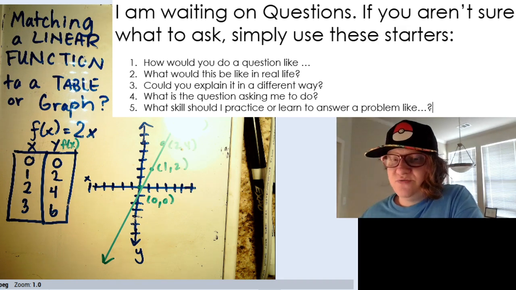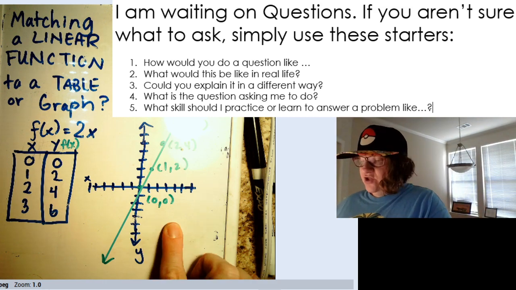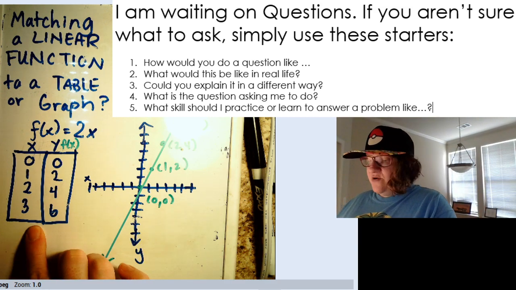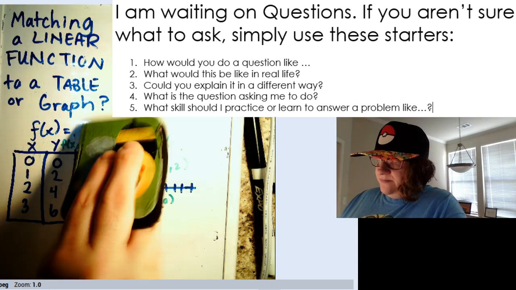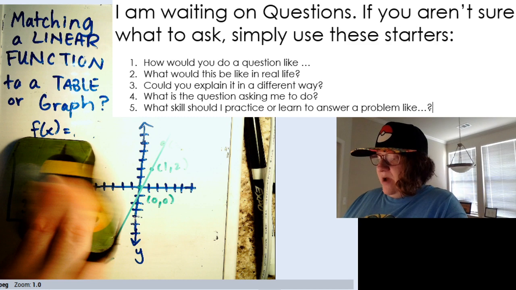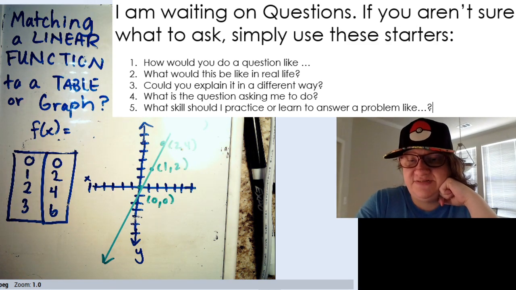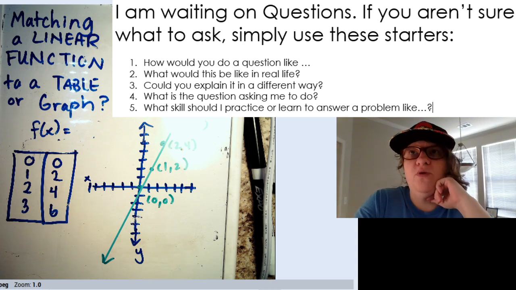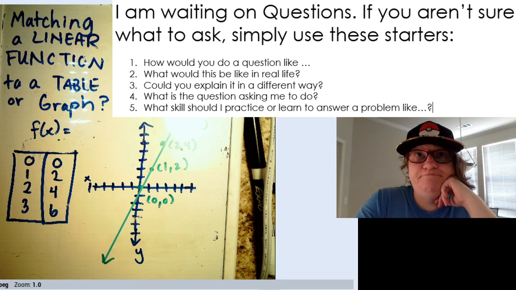But in algebra, we're often doing it the reverse. You'll be given a graph, you'll be given a table, and you have to figure out what the function is. You might be asked, what table or graph matches this function? Or which function would make this graph or table true? Things like that.